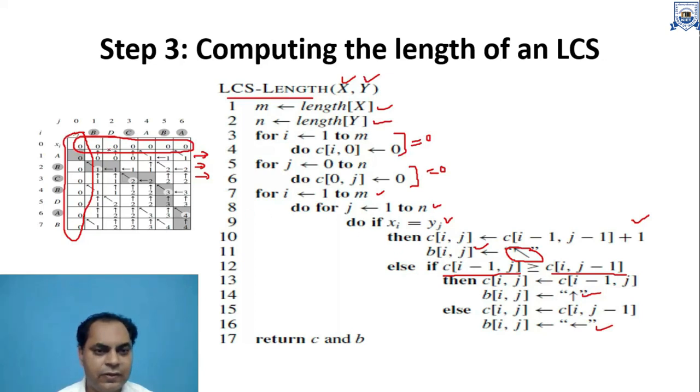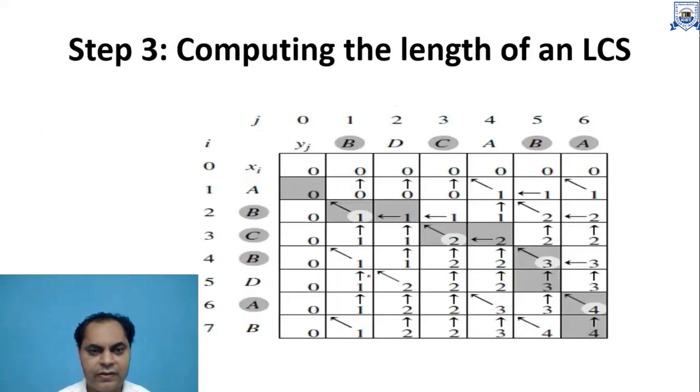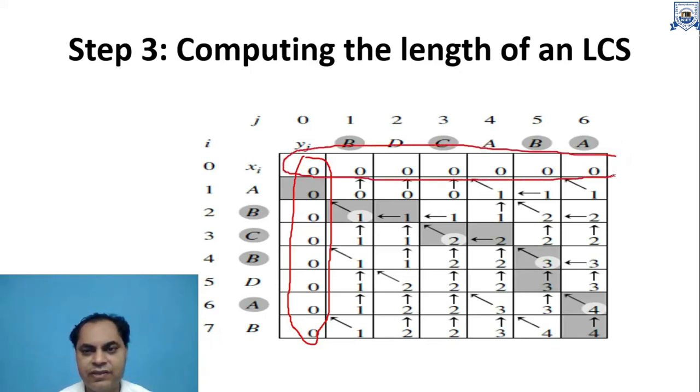Now let's do this analysis in our example. These two situations hold when the length of sequence Y is 0, and this condition holds when the length of sequence X is 0.